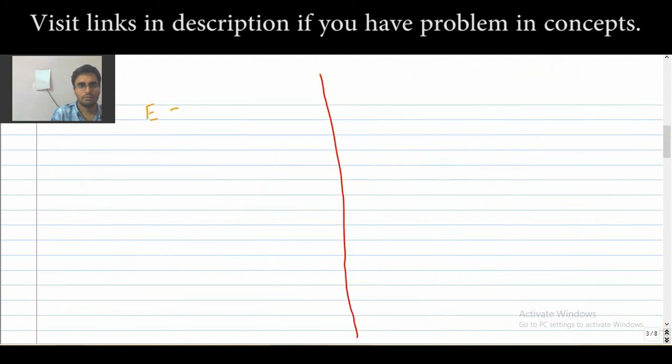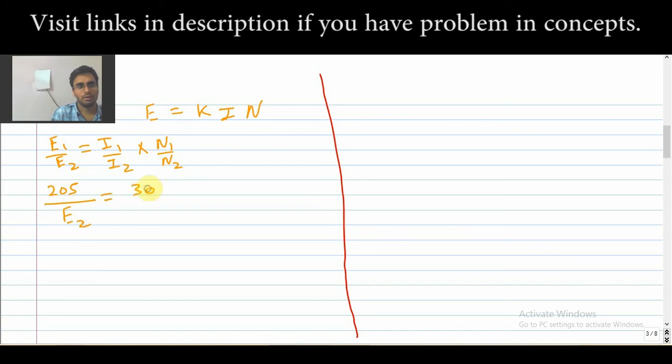E is equal to K phi N. So I can easily write it down: E1 by E2 is equal to I1 by I2 into N1 by N2. E1 you know, 205 volts; E2 you have to find out.